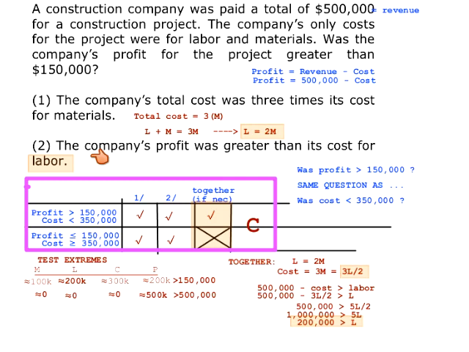Here, let's just look at that. So let's express it as cost is 3M. Okay, let's just see what happens. The difference would be that you would have 2M here instead of labor, and you would have 3M there. I think maybe you know what the fix is for that, right?